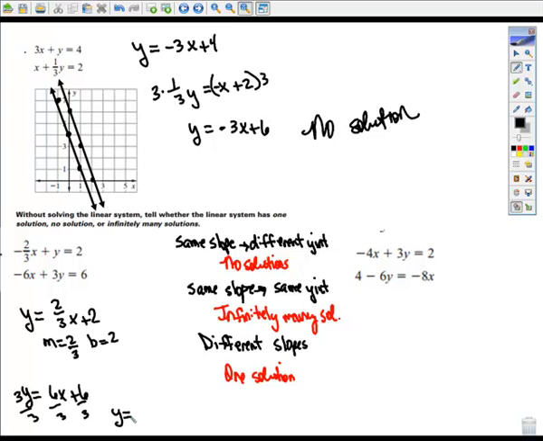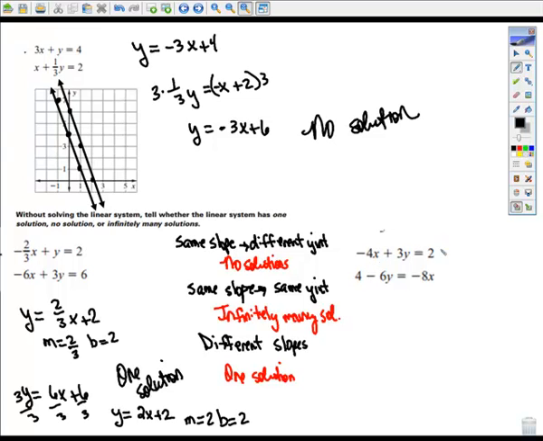So y equals 2x plus 2. So my slope here is 2, my y-intercept is 2. My slopes are not the same, so there's one solution, because it's the third scenario right here, one solution.